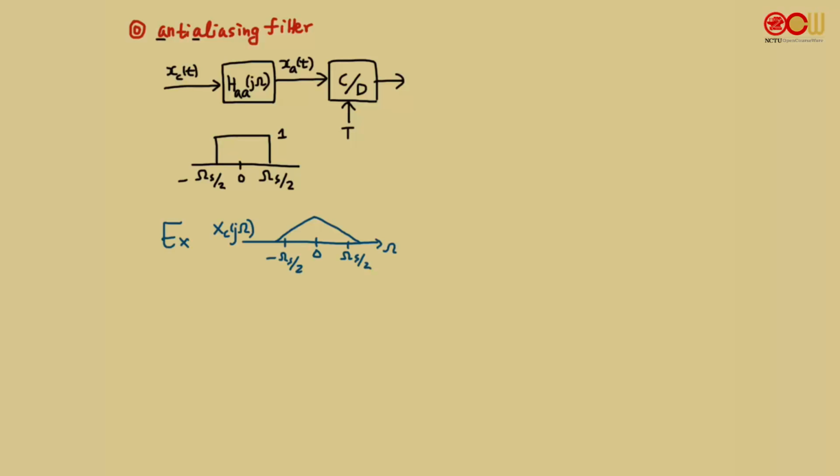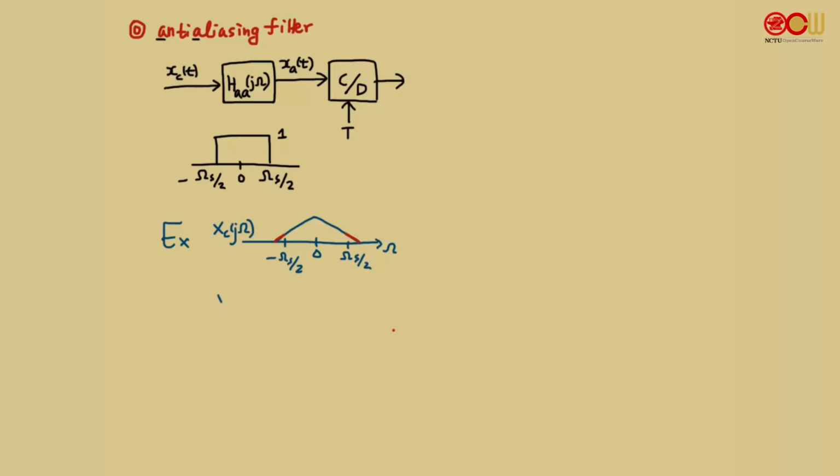Suppose this is our X c here, and omega s is given to us, and it has some non-zero frequency component beyond omega s over 2. So we apply the anti-aliasing filter.